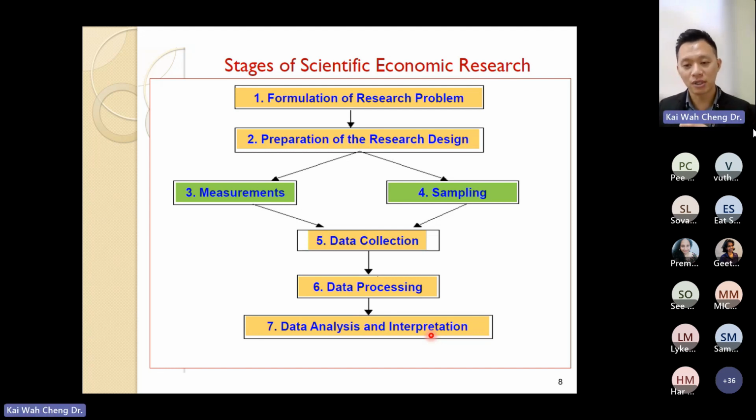And of course, you should be able to conclude your entire research in the final chapter or last section of your dissertation or paper writing. So basically these are the common steps that we undergo when we conduct social science research.